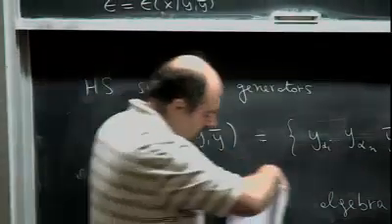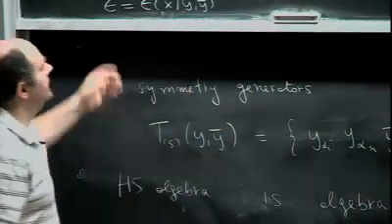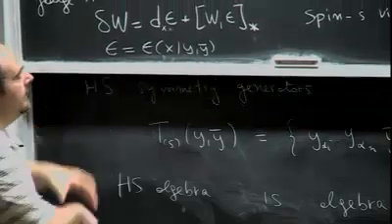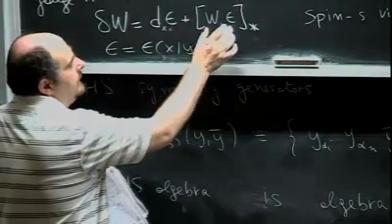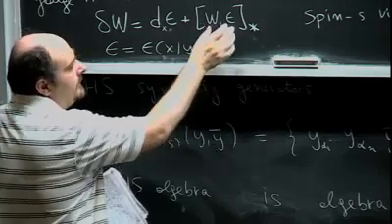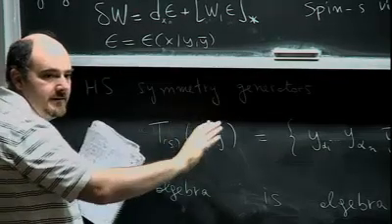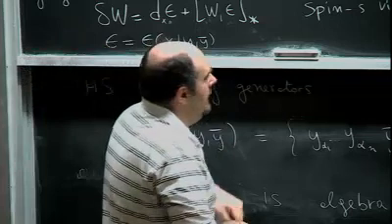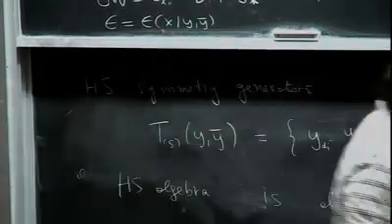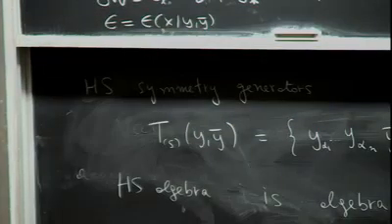Okay. Now, when we do this at nonlinear level, we will end up having to compute commutators of generators of different spins, right? And that's where we see the fact that we need all spins in these theories.